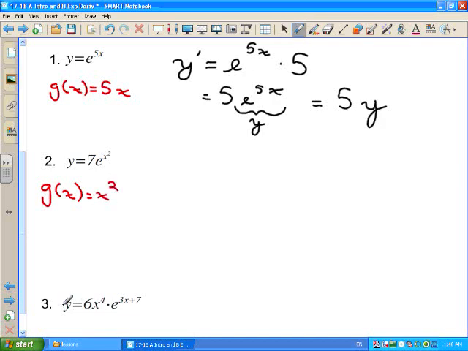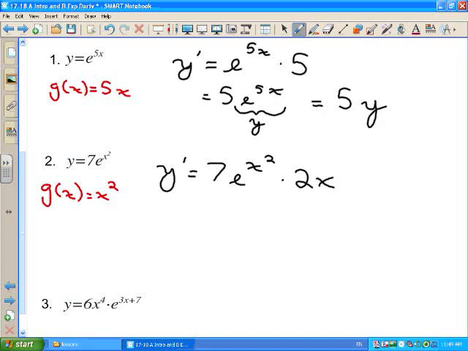So our derivative is going to be 7e to the x squared, so our original function, times the derivative of our exponent there, or our g of x. So derivative of x squared is just 2x, so it's going to be multiplied by 2x.